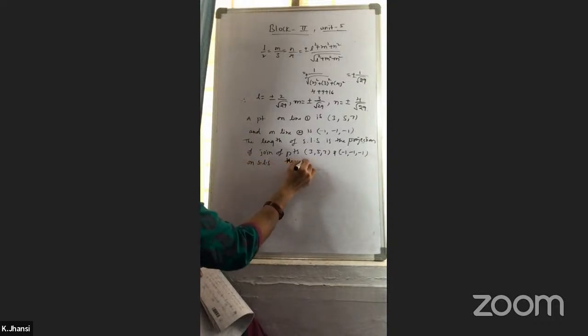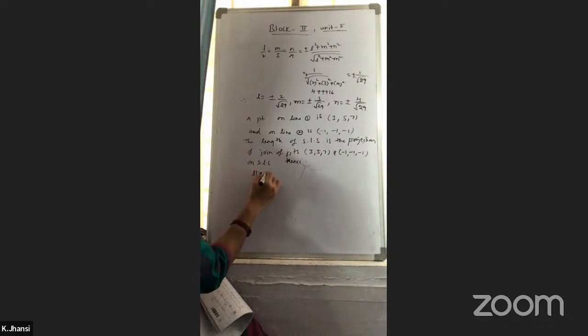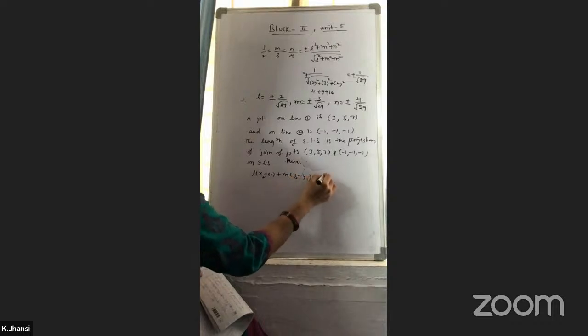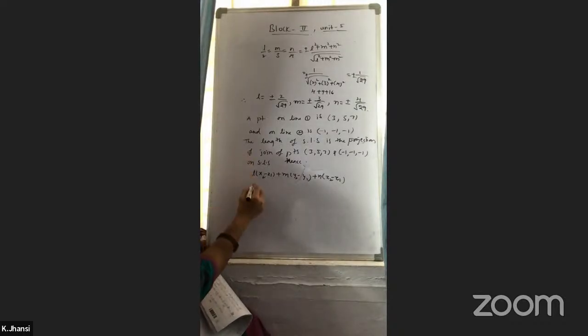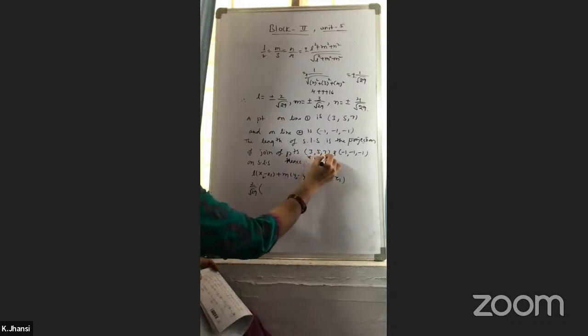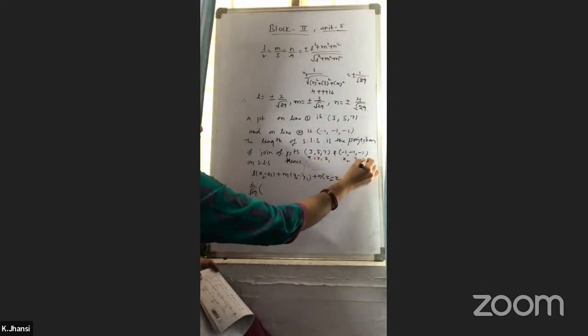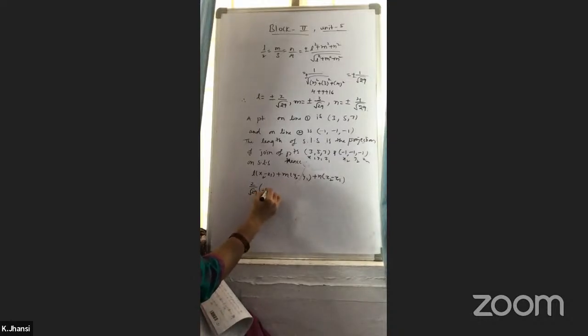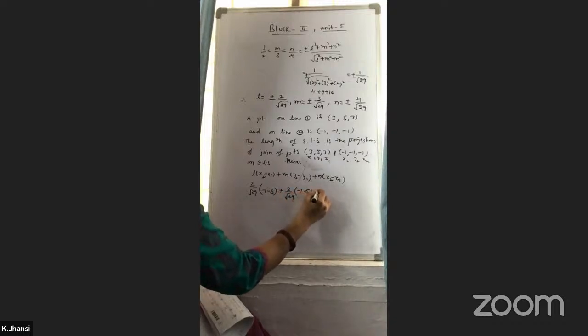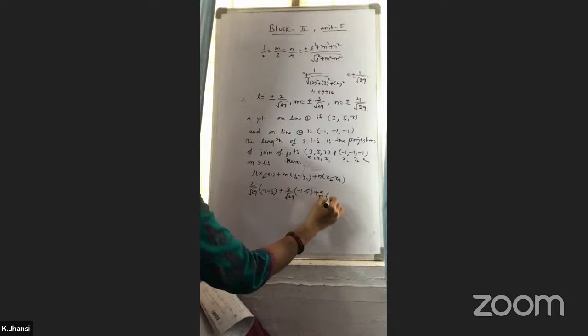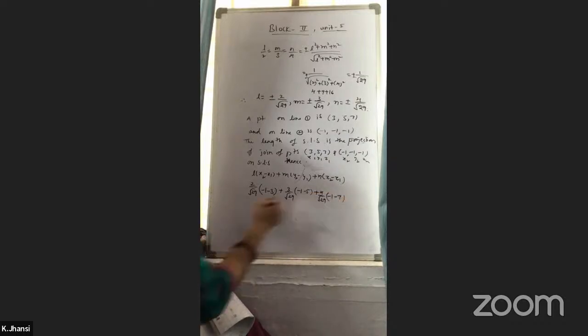Hence, the formula is L into x2 minus x1 plus M into y2 minus y1 plus N into z2 minus z1. So what is our L value? L is 2 by root 29. These are x1, y1, z1, and this is x2, y2, z2. x2 means -1 minus 3, plus M, which is 3 by root 29, into y2, -1 minus 5, plus 4 by root 29 into z2, -1 minus 7.